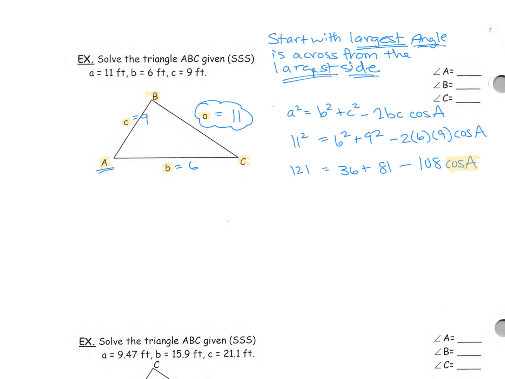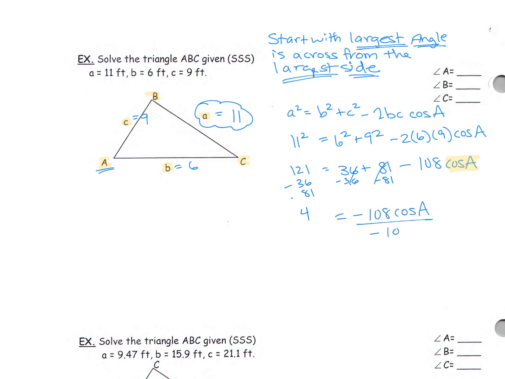So I'm going to first subtract 36 from both sides. I'm going to subtract 81 from both sides. When I do that, I get 121 minus 36 minus 81, and I'm getting 4 equals negative 108 cosine of A.